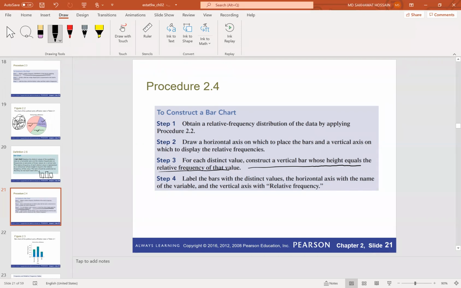Okay, so let me do it again. Yeah, thank you for letting me know. It's stuck on the procedure 2.4. Oh, okay, it says all the steps.